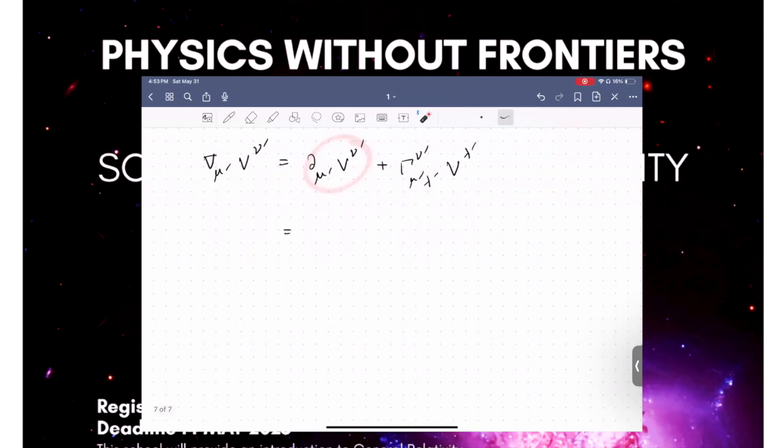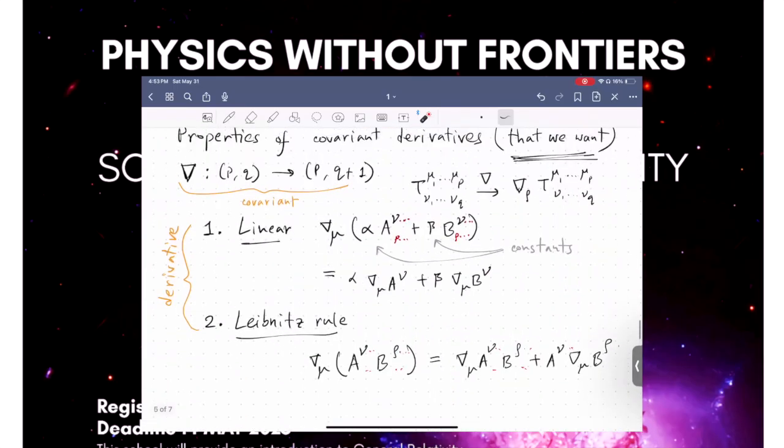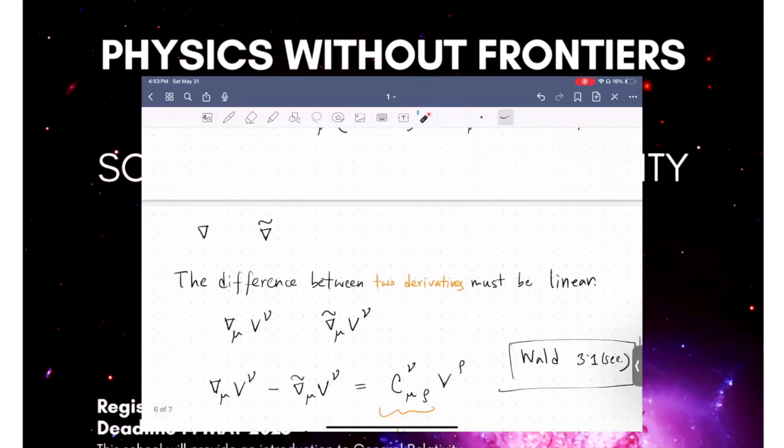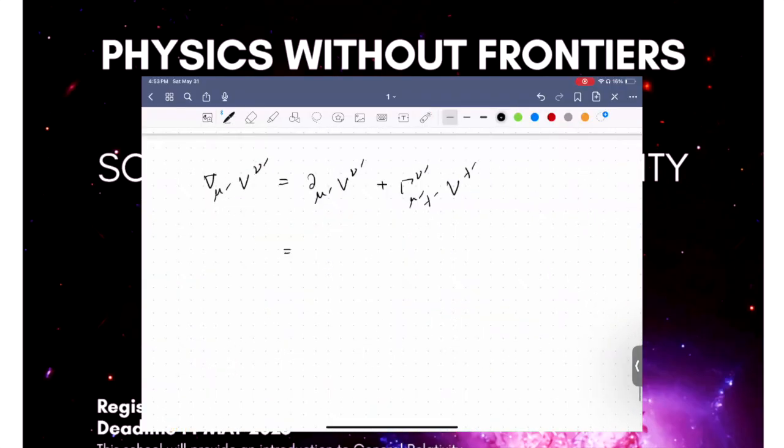So we can transform this using this. I mean, you have to substitute this, right? Okay, it's a substitution, so I don't have to write it again. And here we have this additional term, and we know how a vector transforms.